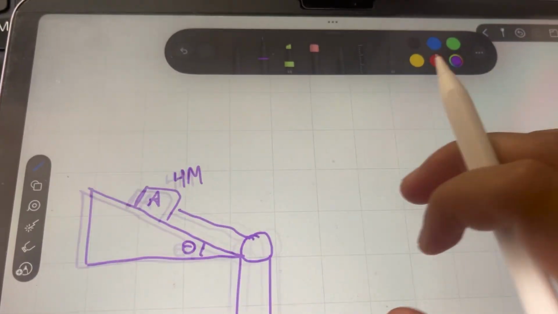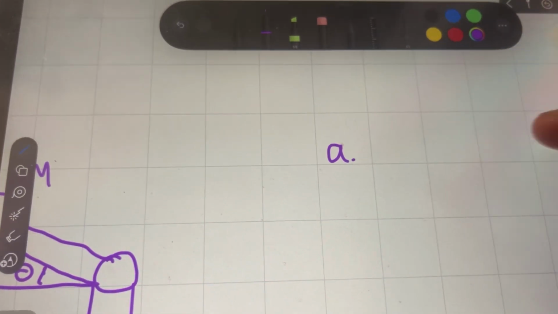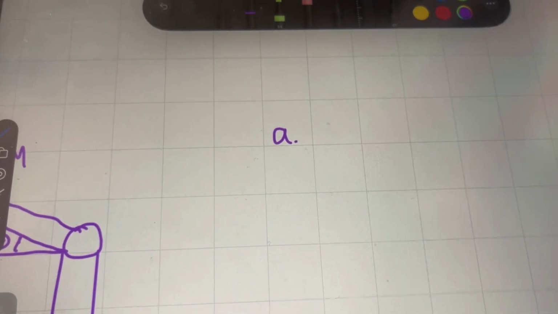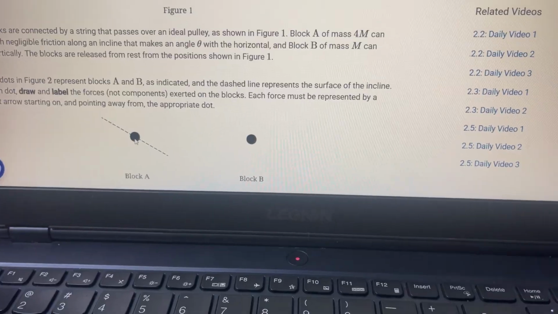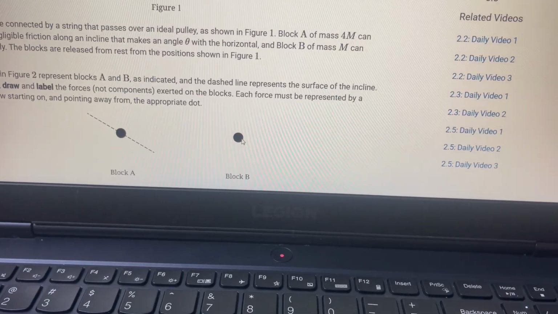Okay, so for part A, they give us this dashed circle and then undashed circle.